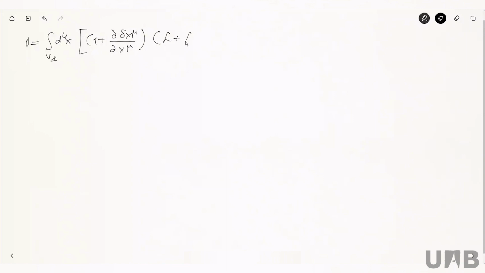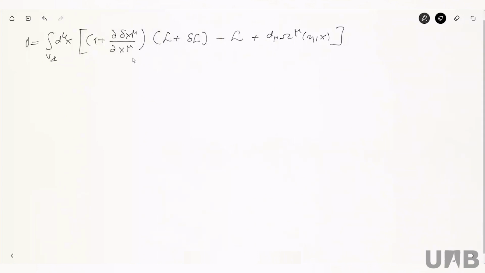Now I have the Lagrangian plus the variation of the Lagrangian minus the Lagrangian plus d mu omega mu, which depends on eta and x. So all these terms.